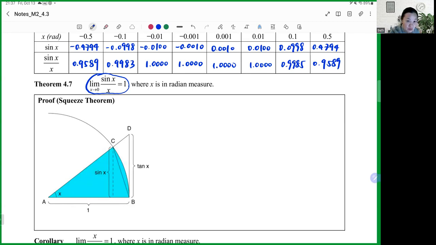So, the geometric proof of this limit. First, let's understand what x is. Here x is an angle. It's also equal to the arc length divided by the radius. If my radius is 1, there's a circle with radius 1, and my angle is x, which means my arc length is also x.